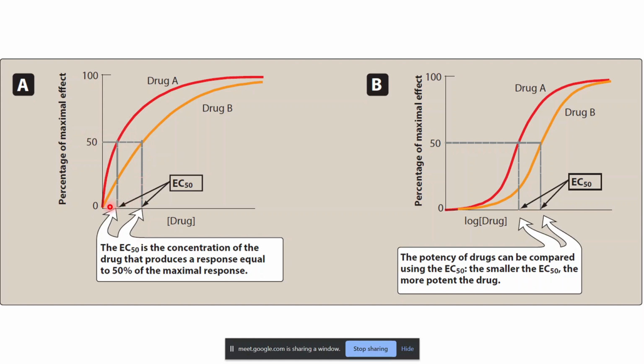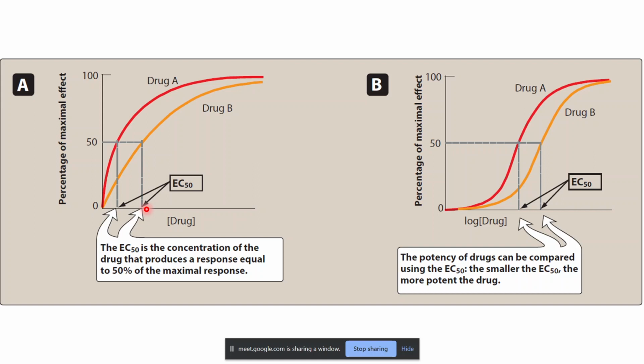So this is lower than this. The therapeutic preparations of drugs reflect their potency. For example, candesartan and irbesartan are angiotensin receptor blockers that are used to treat hypertension. The therapeutic dose range for candesartan is up to 32 mg as compared to 300 mg for irbesartan. Therefore, candesartan is more potent than irbesartan.